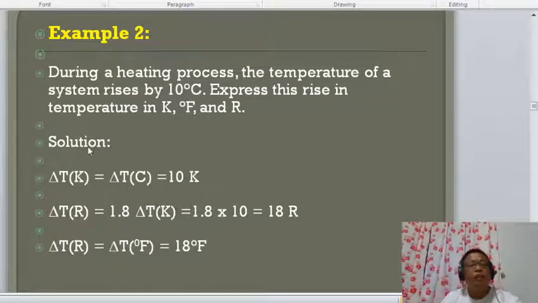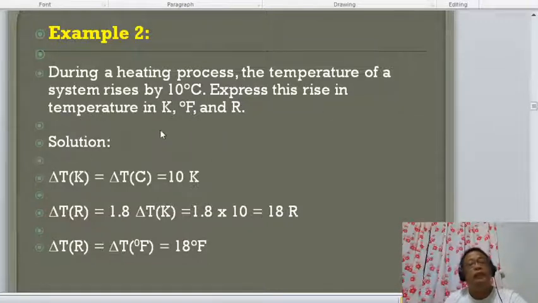Now, take note that for the absolute value in English units, you will notice that the value in Rankine scale is higher as compared to the value in Kelvin scale.